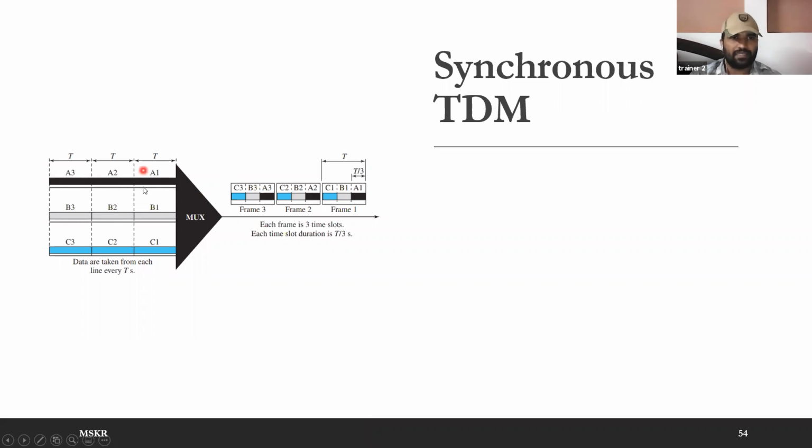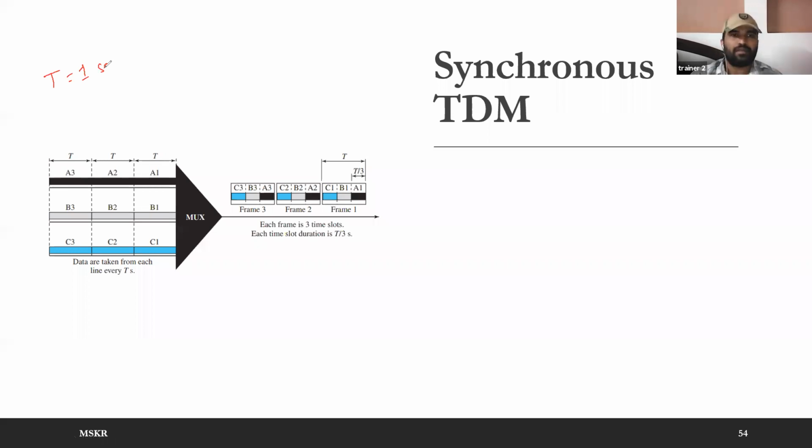Let's say three users have data to send to three different receivers. On the sender side, the multiplexing side, the three users generate three blocks of information in 3 time intervals. Let's say t equal to 1 second.